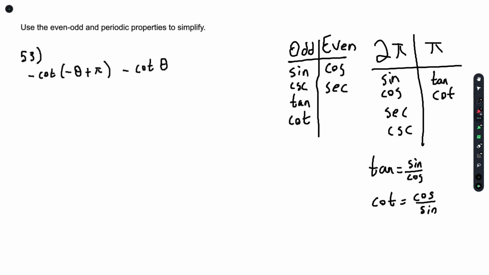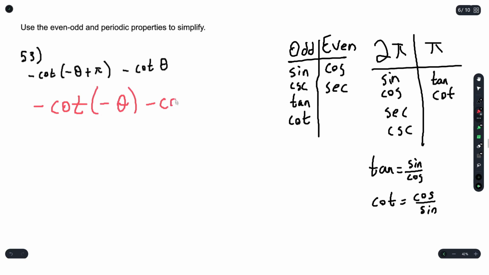On to the next one. We have negative cotan of negative theta plus pi minus cotan of theta. Here we cannot simplify anything, so we go to the next one, or the first one. Here cotan is added to its period, so the period can just disappear. Cotan negative theta is cotan of theta.